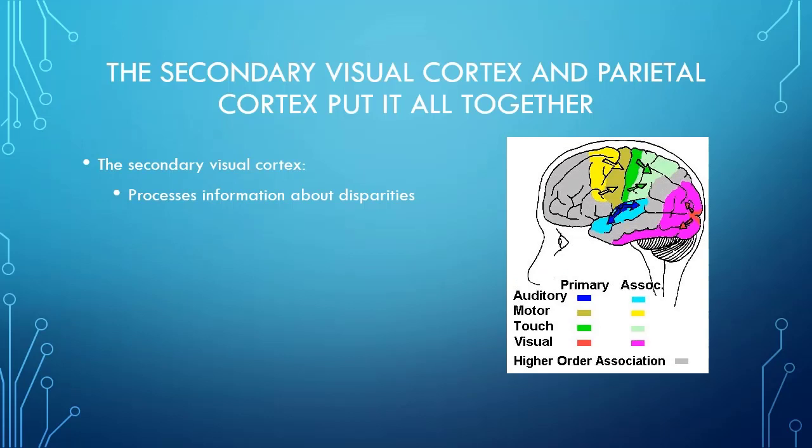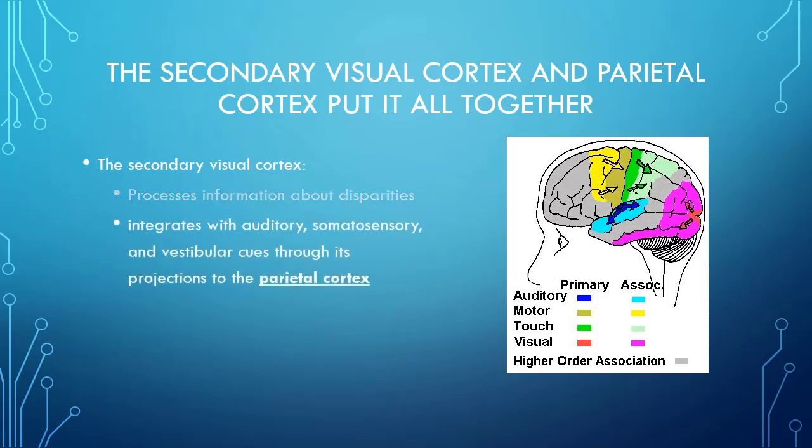And the last thing that we should really say about location is that an important job for the secondary visual cortex is to help process this information about disparities, but also to begin to send the information out so that it can be integrated with other cues. So the visual system doesn't act alone. Really, none of our sensory systems act alone. And we have what we think of as higher order association structures. This is part of where the ending points of the dorsal and ventral stream head off to.